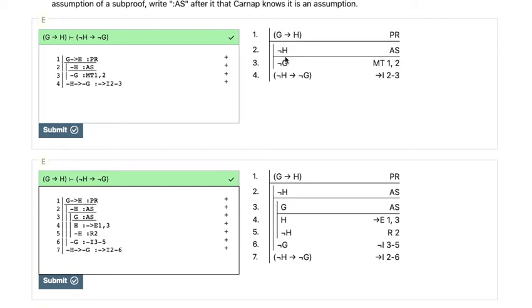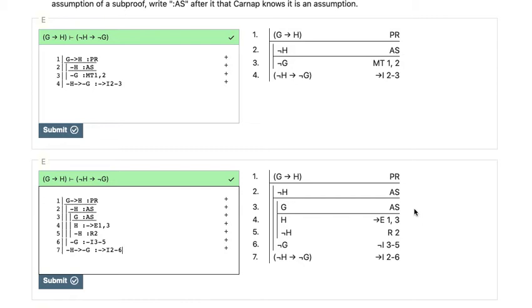This first one is simpler, kind of. The second one does something we haven't seen before, but which was completely allowed in the proof system, which is a subproof inside another subproof. So we started this first subproof to do conditional introduction, and then because we wanted to do negation introduction, we started a second subproof inside of it.